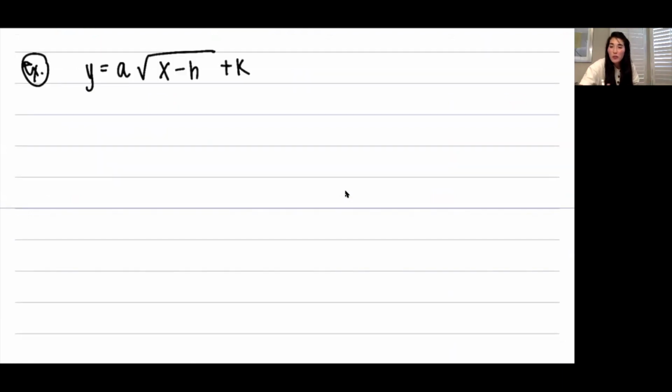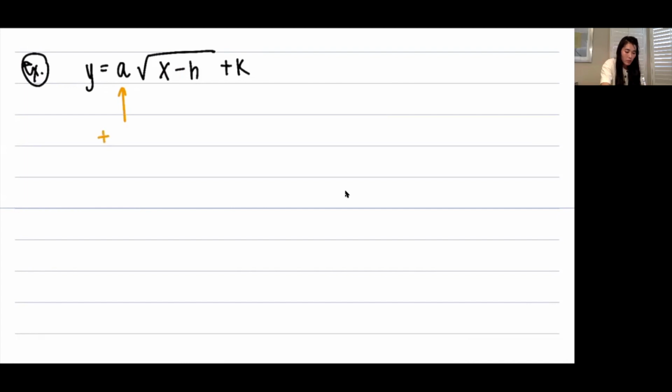All right, we're going to take a look at one final example and then we are going to call it a day. This is the form again of our radical graph. At the beginning, I had this as a plus, but you'll see it as a plus or minus. The A here just determines if it's positive or negative, and it also determines how wide or how narrow your graph is.